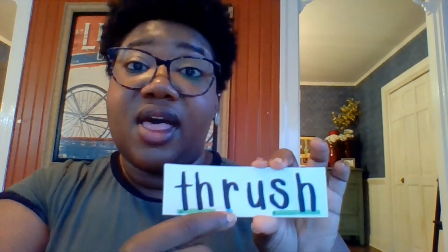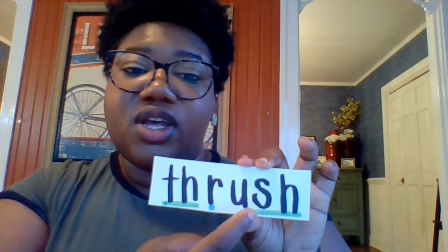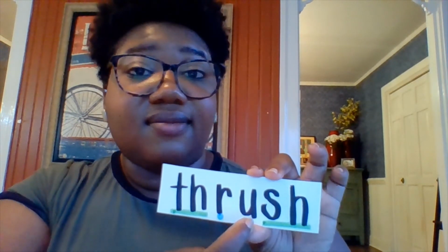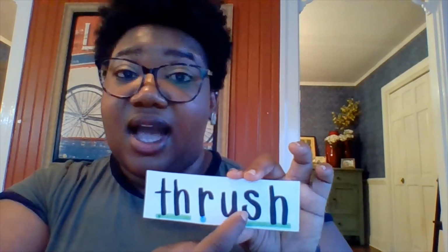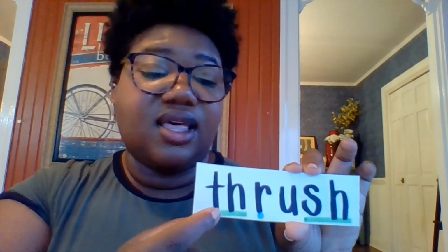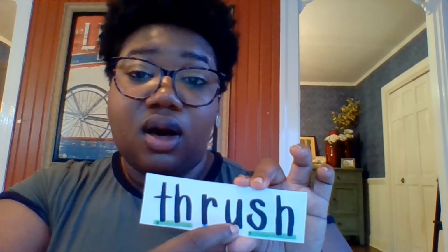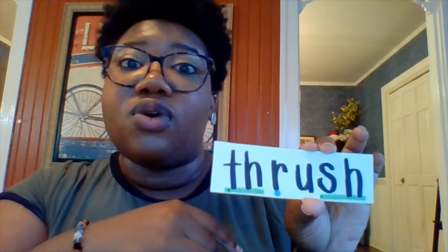So that's the digraph blend. Let's see if there's one at the end. Sh has what right beside it? And is that a consonant? No, that's a vowel. So this is not our digraph blend, but this is sh. What's the word? Thrush. Perfect job. I am so proud of you.